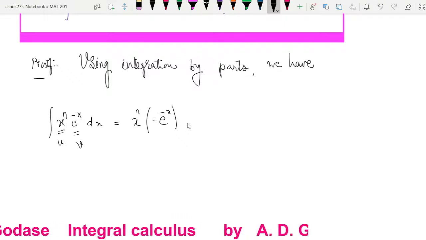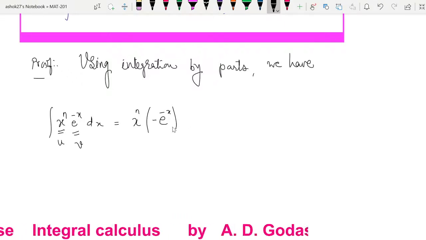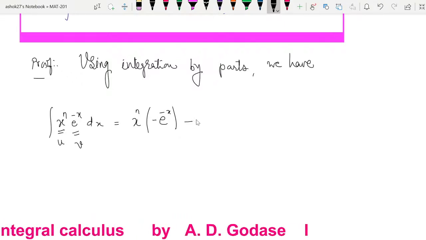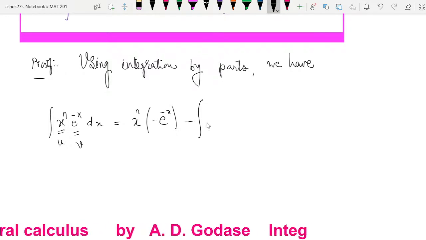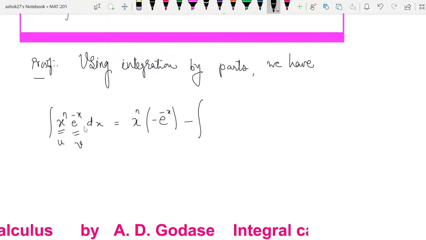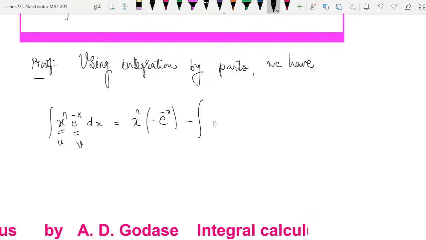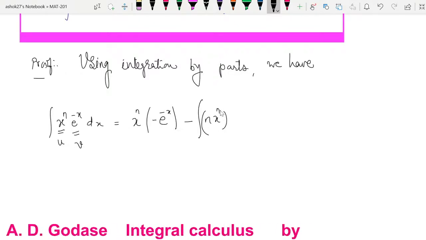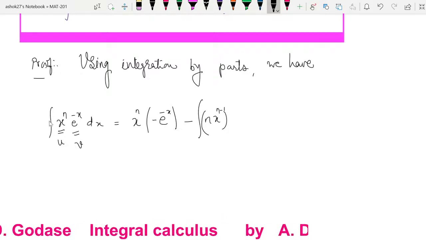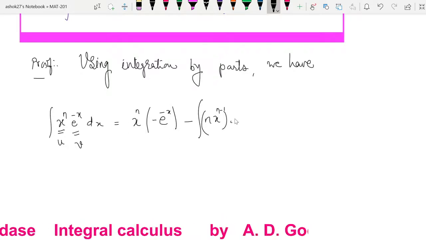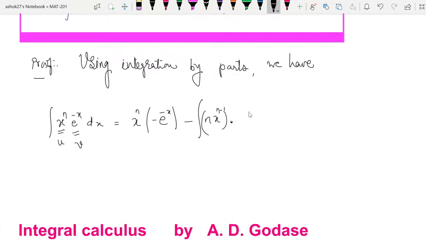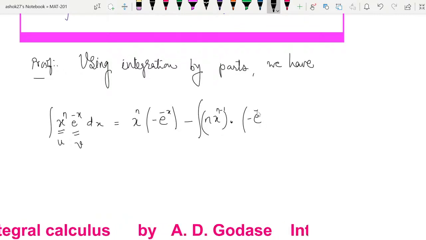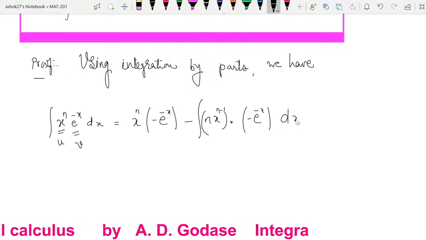So this is u into integration of v, minus, in the big integration, you are differentiating the first function, that is n times x raised to n minus 1, the derivative of x raised to n, and the integration of the second function, that is minus e raised to minus x, and dx.